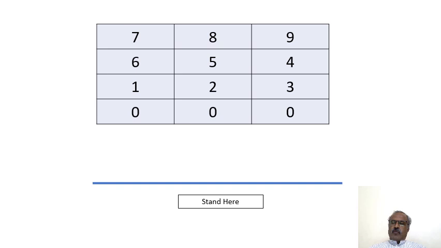So one person can call out a digit and the other person can reach it. If help is needed, help is given. And if you want to allot points, you can allot 2 points for reaching directly and 1 point for reaching with help. And this way the points can be tallied and activities can be had.